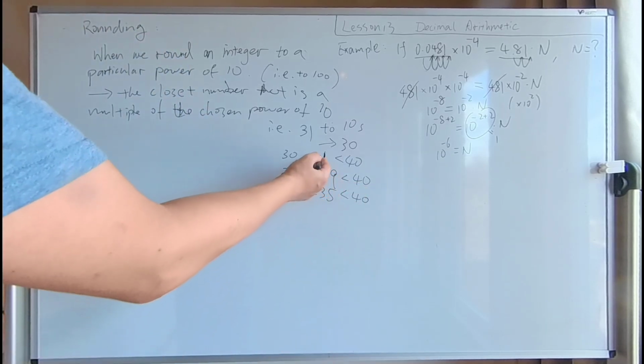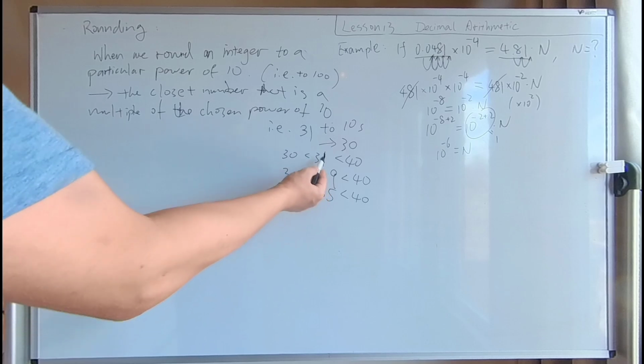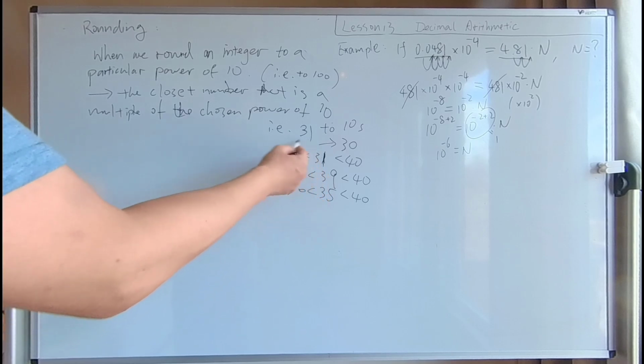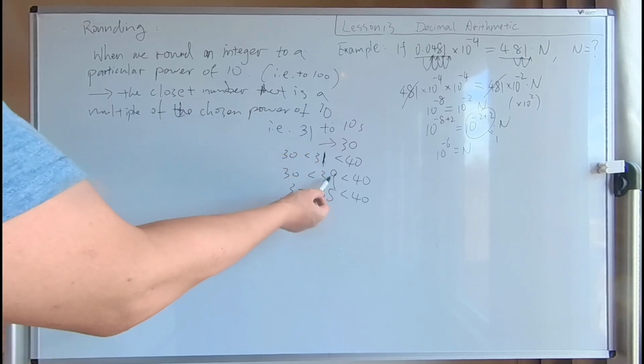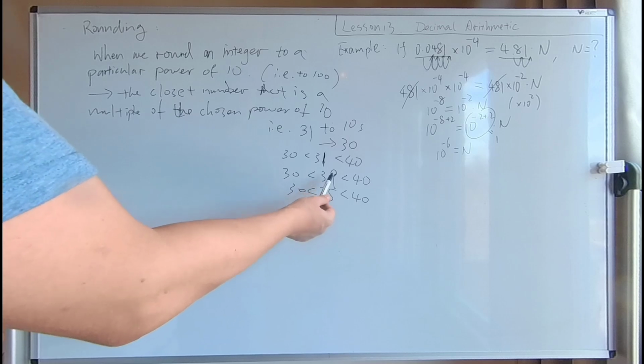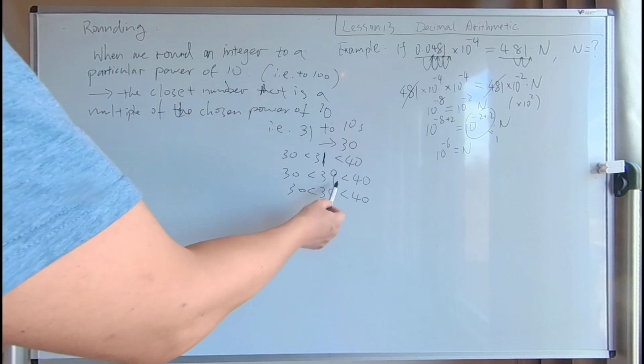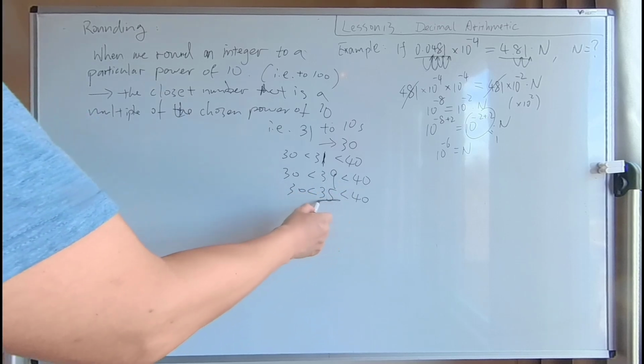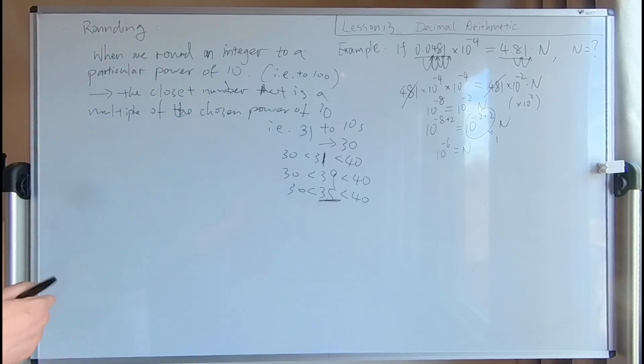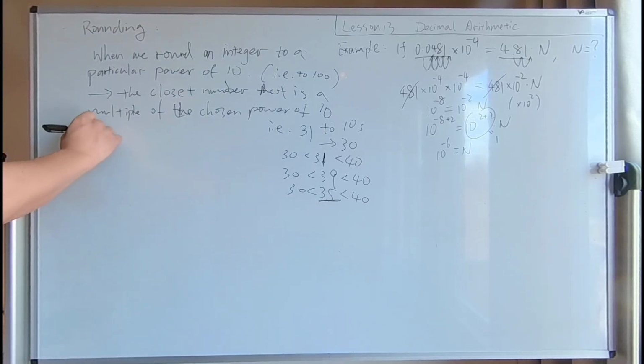Right, I can understand that 31, 32, 33, 34 are clearly closer to 30, or 39, 38, 37, 36 are clearly closer to 40. But what happens at the midpoint? So there is a special rule.